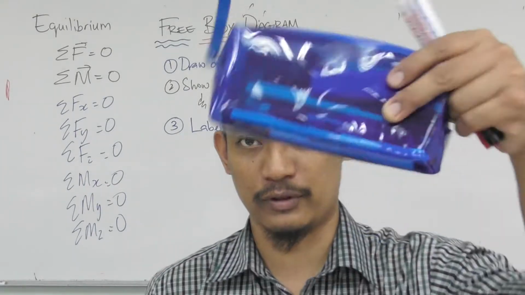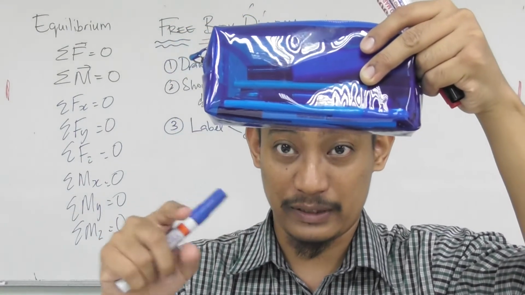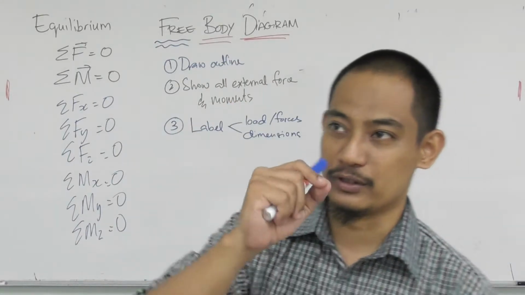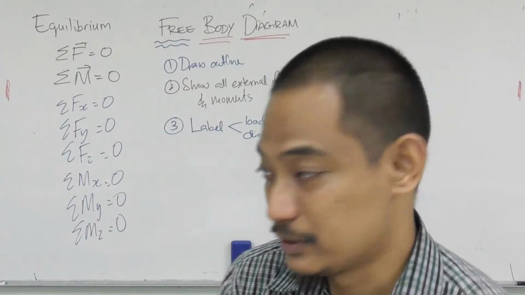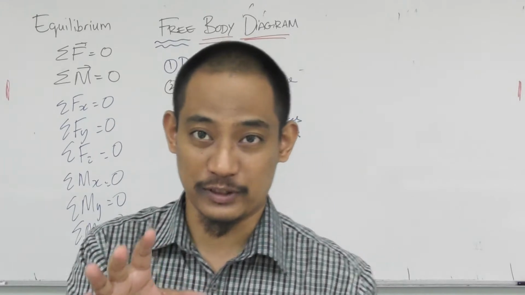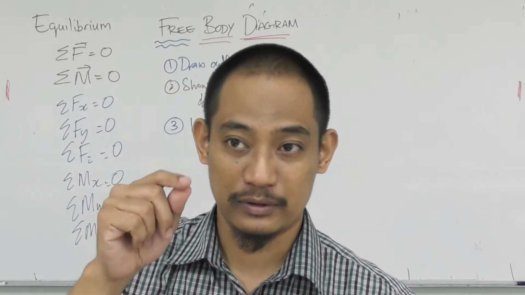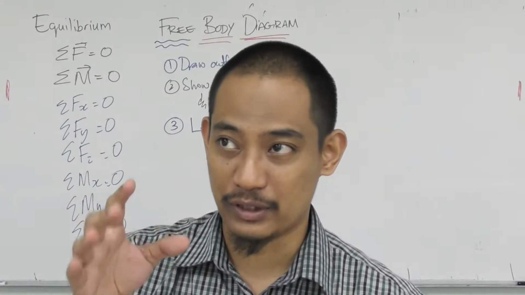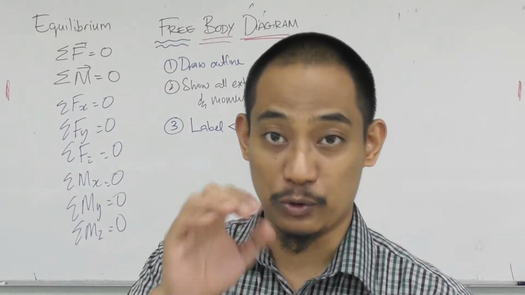For example, if you draw the body and draw the arrow but you do not label it F something, that is not a complete free body diagram. It does say that all the known forces, all the known dimensions, you have to note them: 5 meter, 10 Newton, 10 kilonewton, 10 Newton meter, etc. So you have to put the value if it is known.